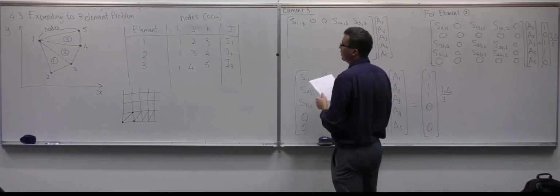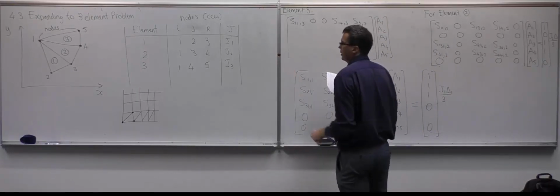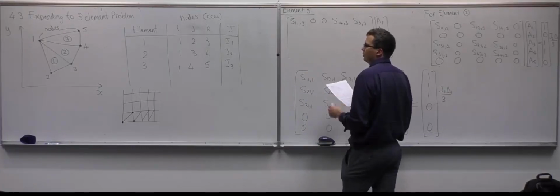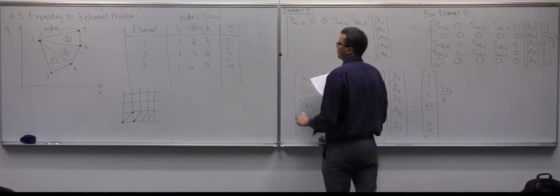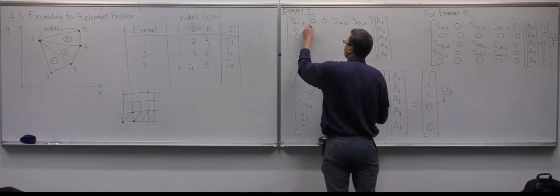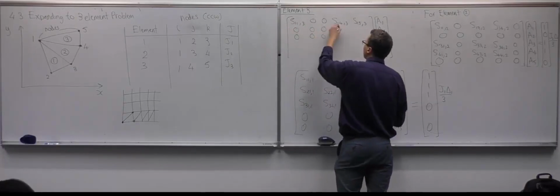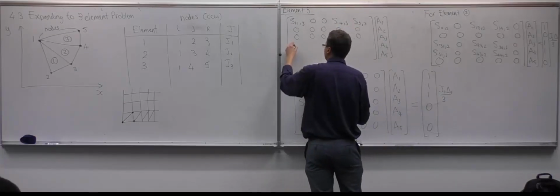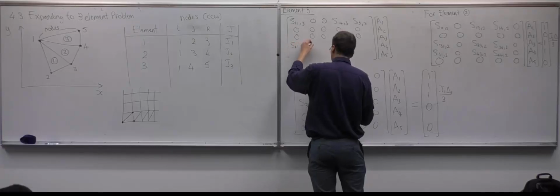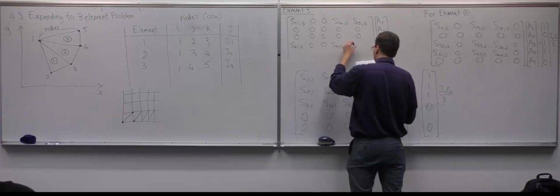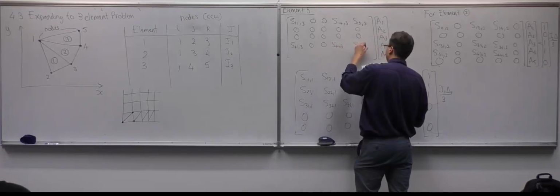And so nodes 2 and 3 are not associated with element 3. So we have zeros in these next two rows. And then the fourth row has S413, 0, 0, S443, S453.